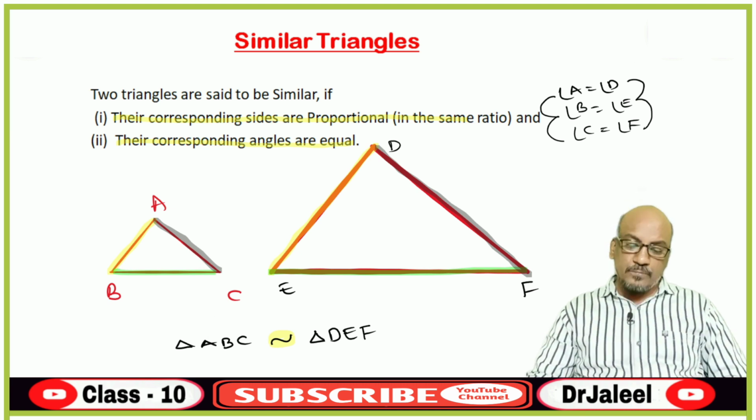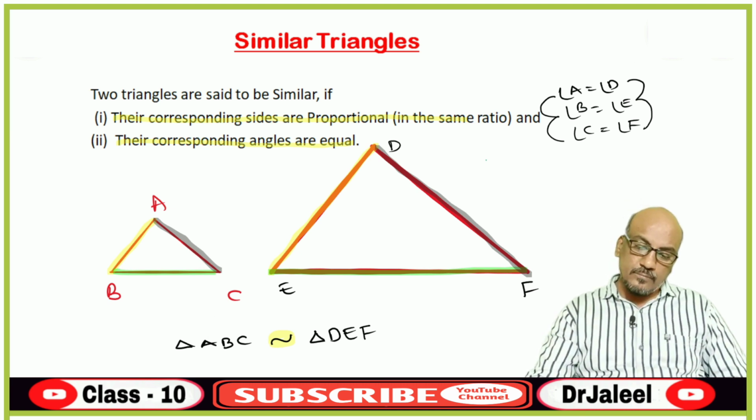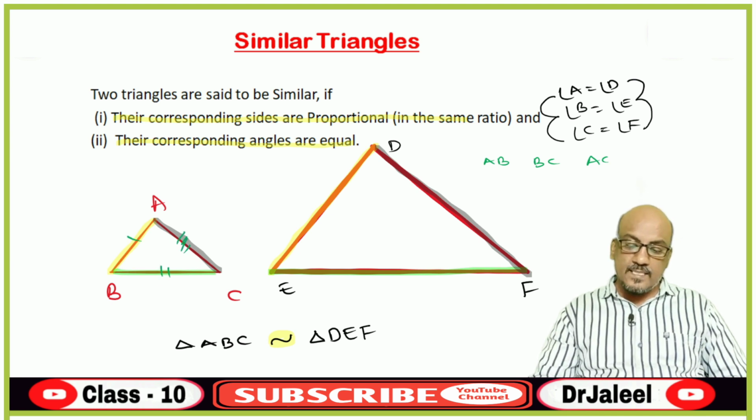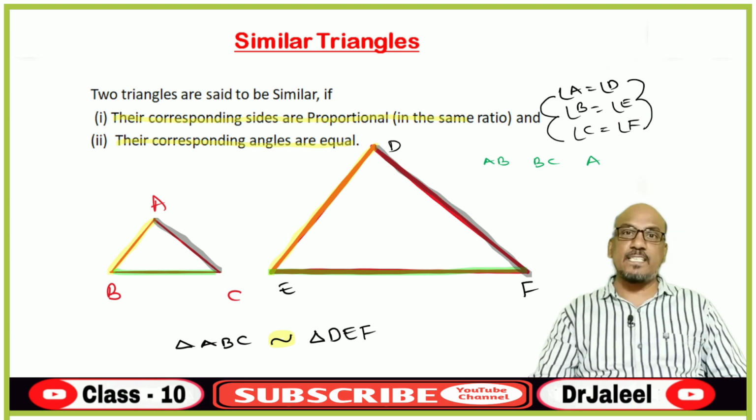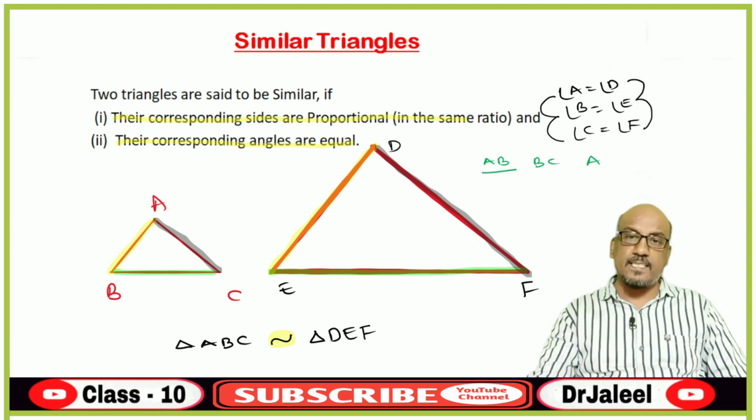So children, here AB, BC and AC, these three sides are proportional to the corresponding sides of the other triangle. What are the corresponding sides of the other triangle?